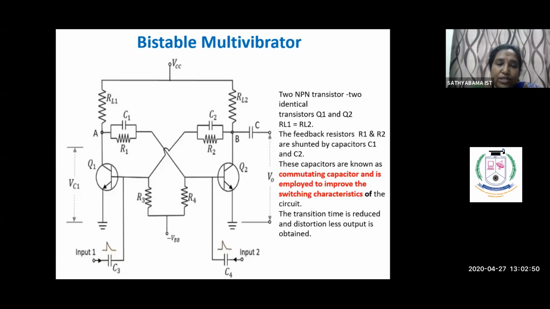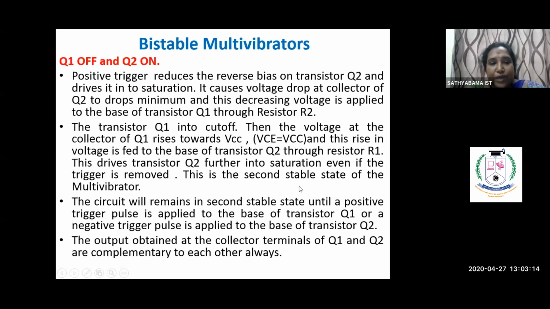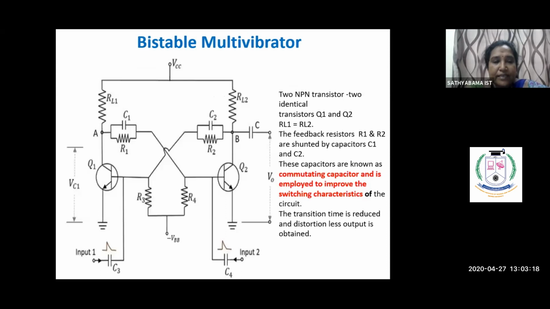To change this condition, we have to give a positive trigger on the Q1 transistor side, or otherwise a negative trigger on the Q2 transistor side. Simple concept, the vice versa condition only. Previously we gave the trigger on the second transistor side; now we have to give the trigger on the first transistor side.